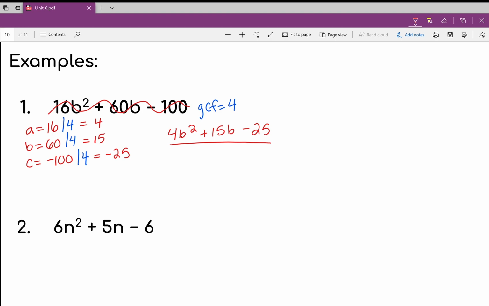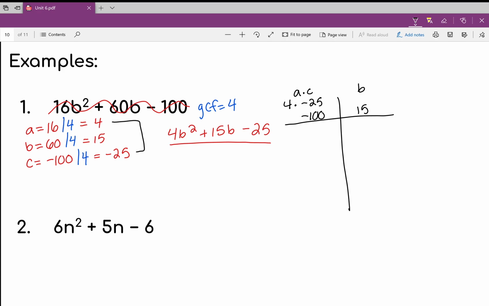Okay, so now we're going to create our table just like we did on the last one. So here's our table. And remember, in the first column goes A times C, and the second column goes B. A times C in this case is going to be 4 times negative 25, which is negative 100. And B is 15.